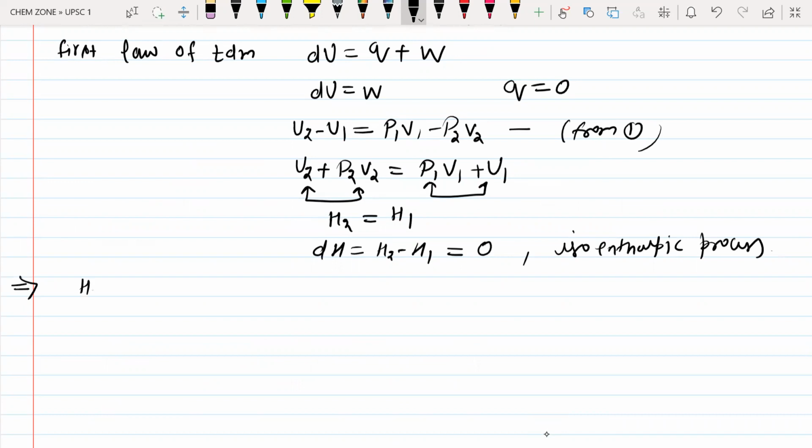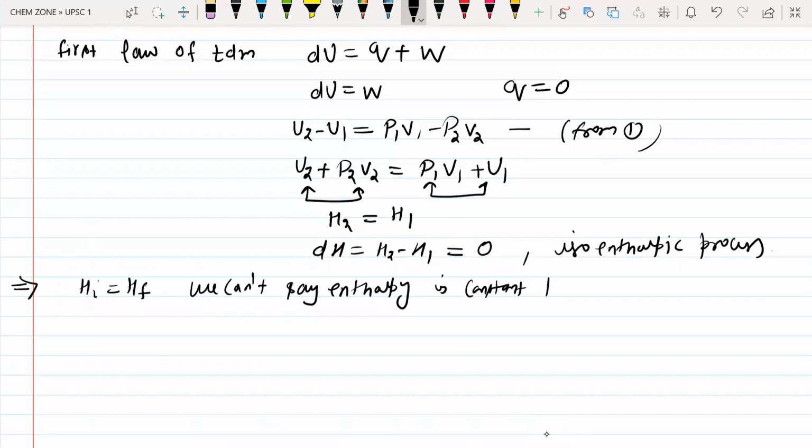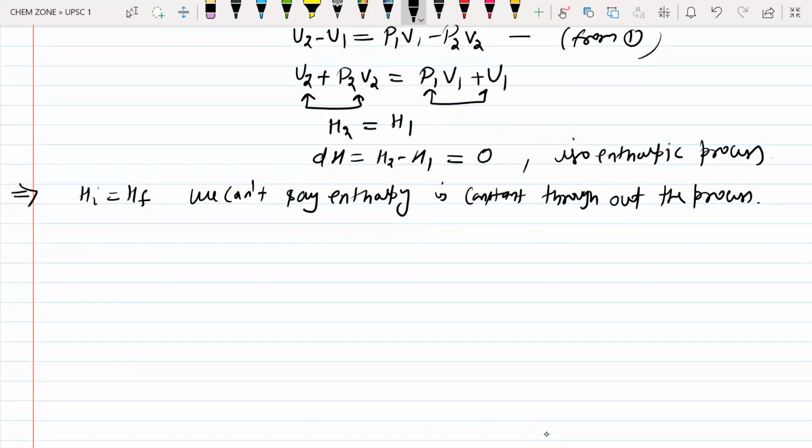Although we can say final enthalpy is equal to initial enthalpy, we cannot say enthalpy is constant throughout the process. This is the first important result related to the Joule Thomson experiment.